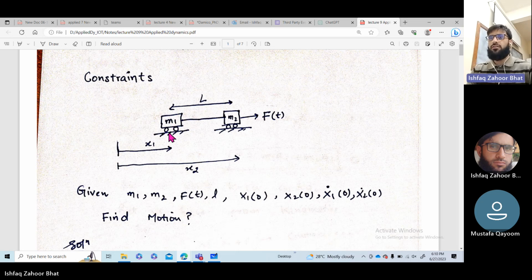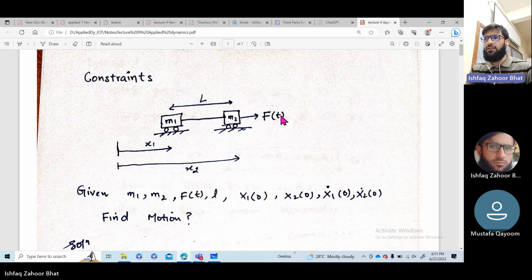That is, we want the position of M1 as a function of time and the position of M2 as a function of time. So we want x1 and x2 at any instant of time. And this F of t, which is the external force applied to this system, is basically known.